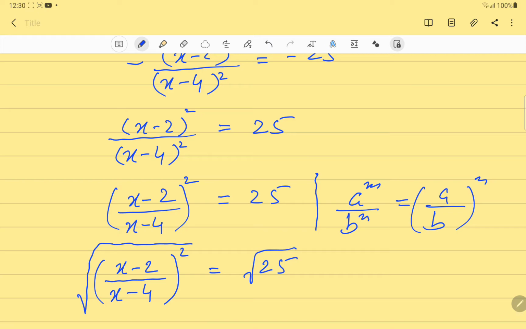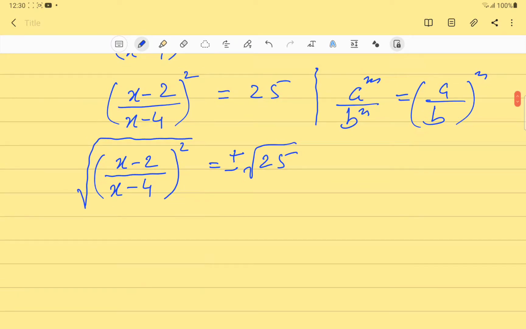And please remember, when you are taking square root, don't forget to write plus and minus sign here, because square of plus is also positive, and square of minus is also positive. On the left side, square will cancel with square root and we will be left with (x minus 2) over (x minus 4), and on the right side square root of 25 is 5.